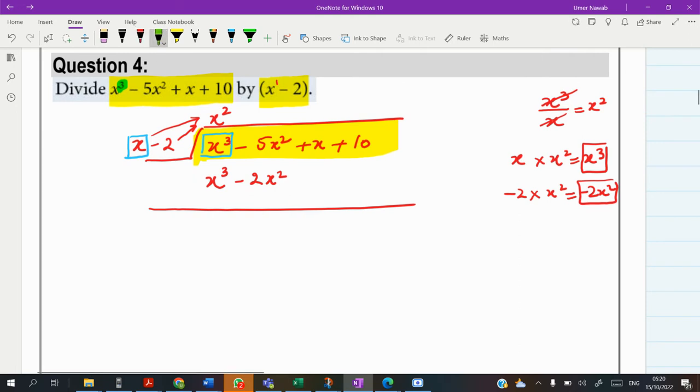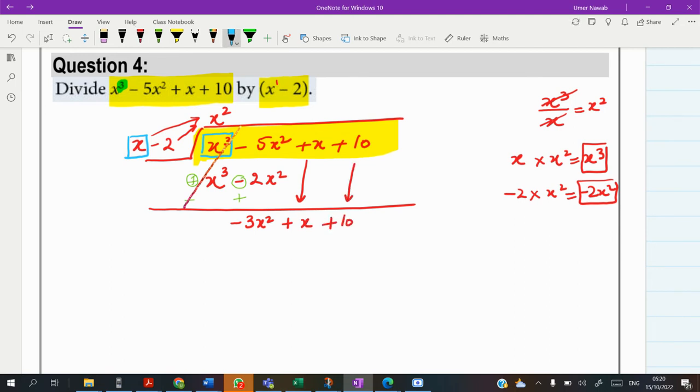Draw the big line and do the subtraction. You have a minus sign, this changes to plus. If nothing is written, it means plus sign, and you write a minus. Now cancel them. Then minus 5 plus 2 is minus 3x squared. Copy plus x as it is and plus 10 as it is.